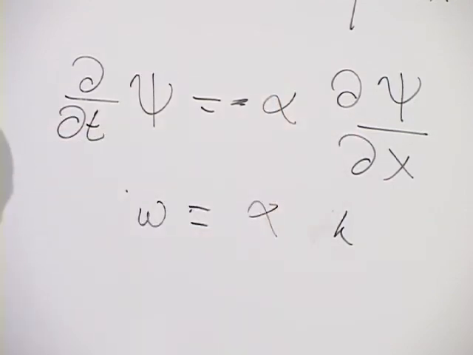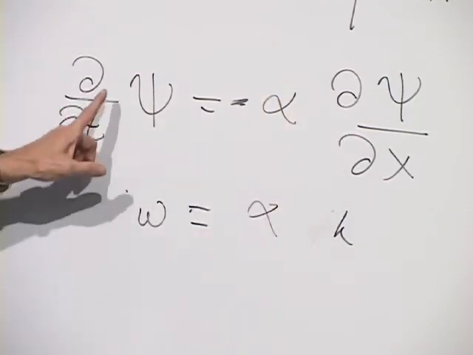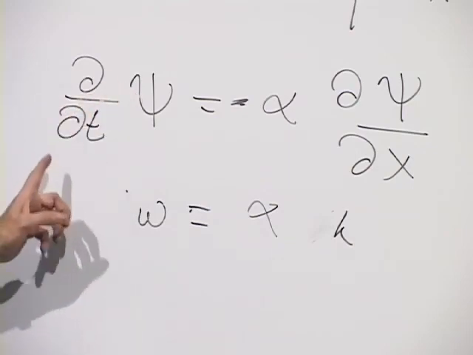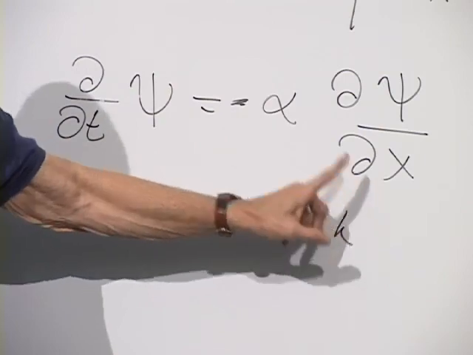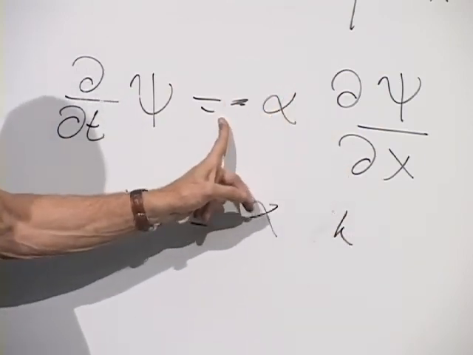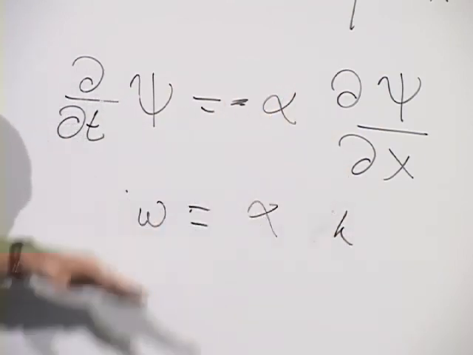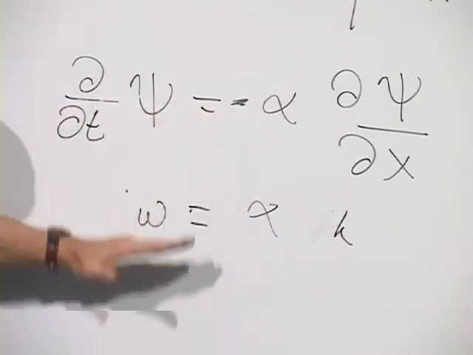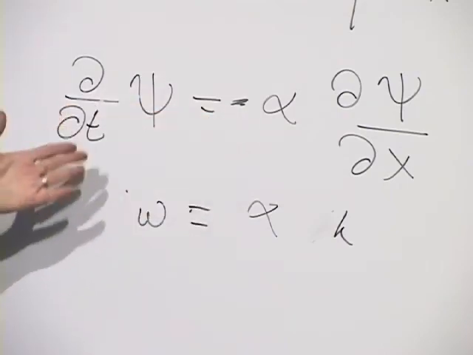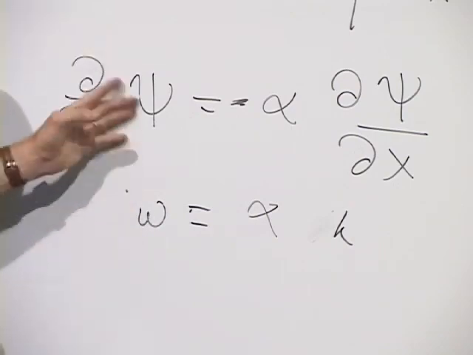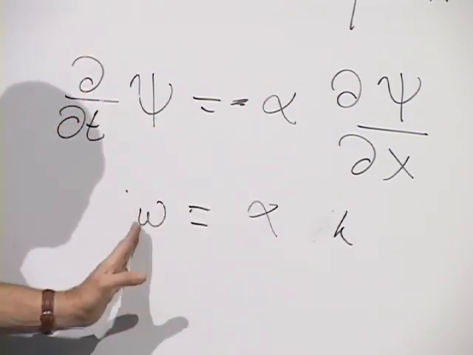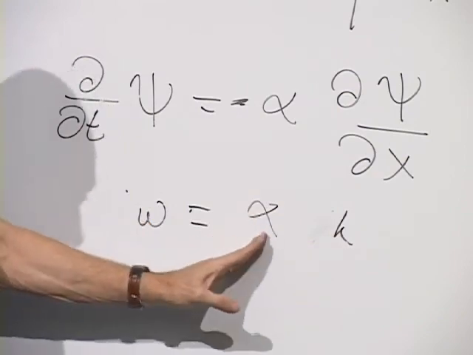The reason is because d by dt gives you minus i omega, d by dx gives you minus ik, so that cancels a minus sign. This is just a shorthand trick for rewriting this. It says when you apply these objects to a plane wave, you'll get the relationship that omega is either k or minus k.